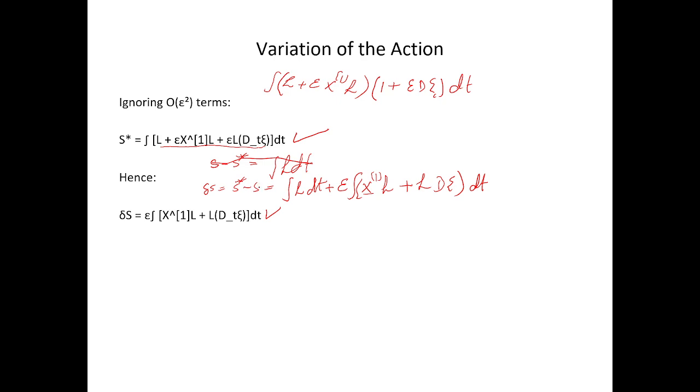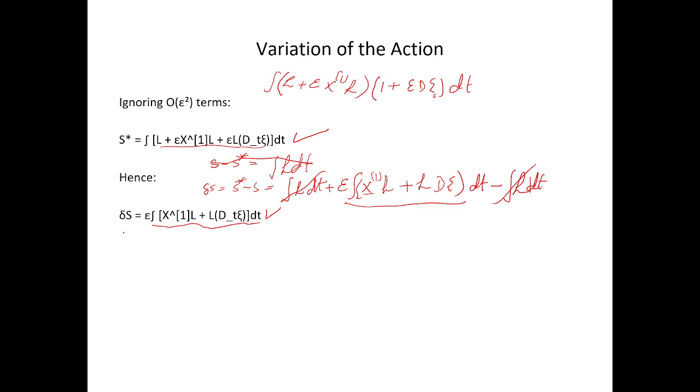And then minus S, that is minus the integral of L dt. So this cancels with this one. So this delta S variation is this, and we calculate it over here, that is the value.